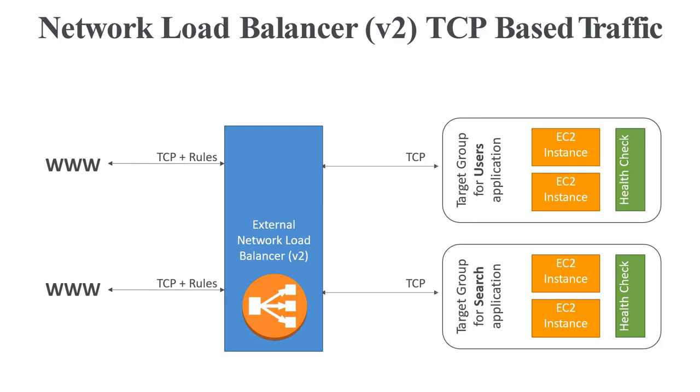But for transaction based applications, where we should not lose packets, we use application load balancers. Those are somewhat lower in performance, but reliability is higher compared with the network load balancer. Reliability of data transmission is higher on the application load balancer.